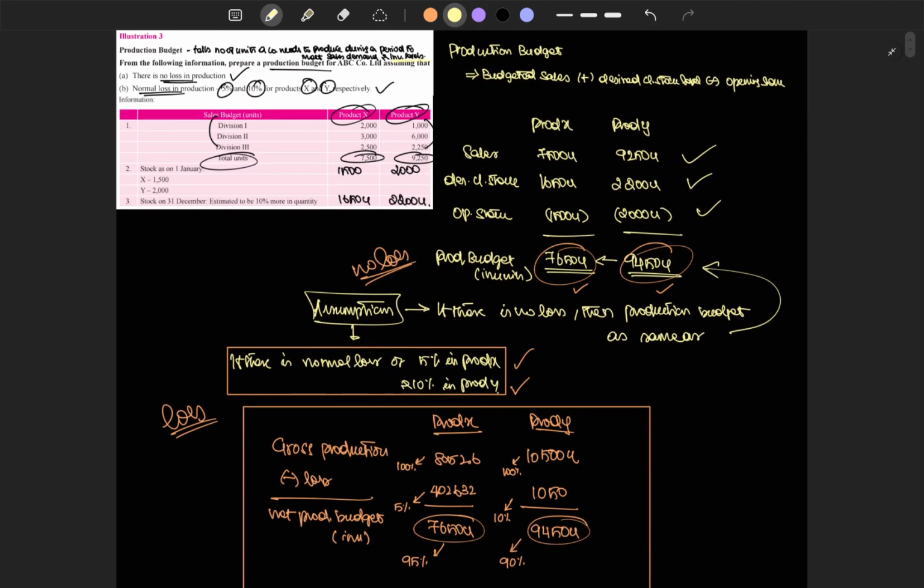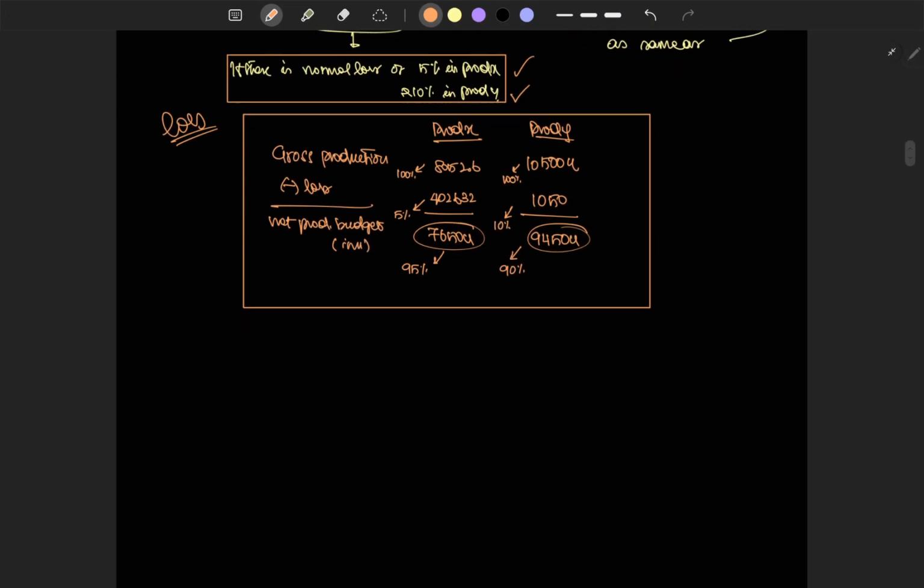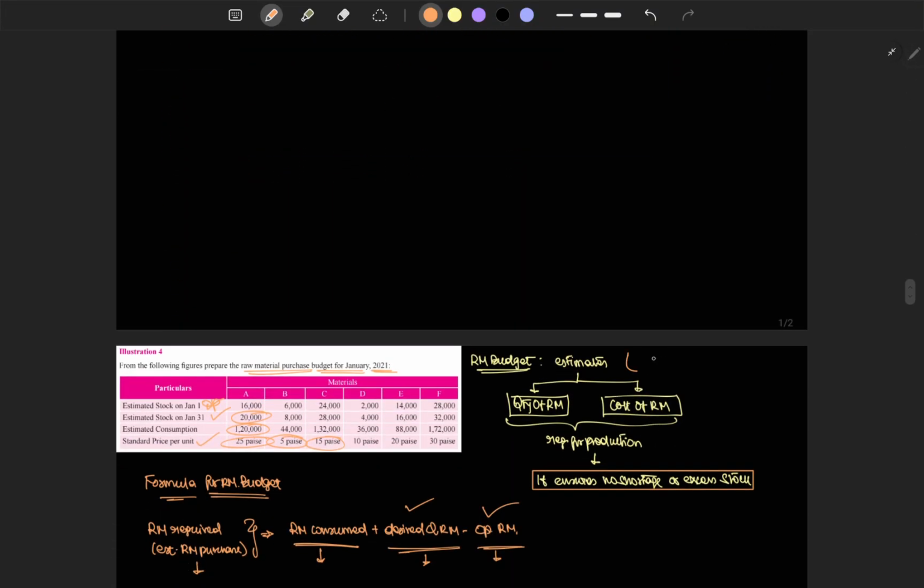The production budget accounts for the annual demand of sale units, while the RM budget supports the production budget. So these are all the lines of action happening in the organization.